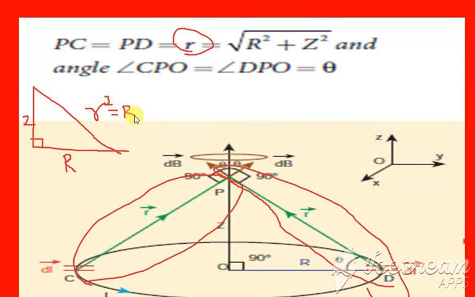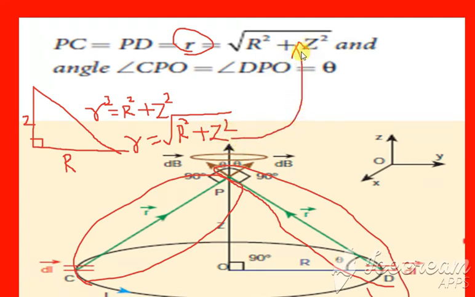So it is R square plus Z square. Now if you need the value of r alone, take the square root to this side, so r is equal to the square root of R square plus Z square.